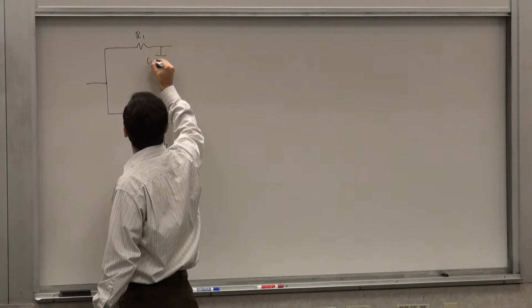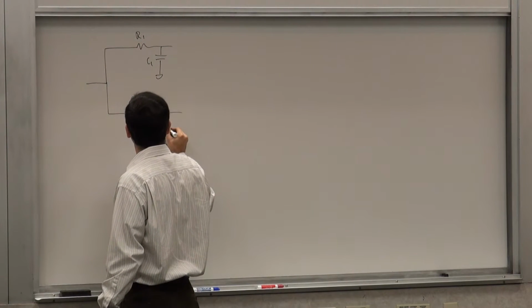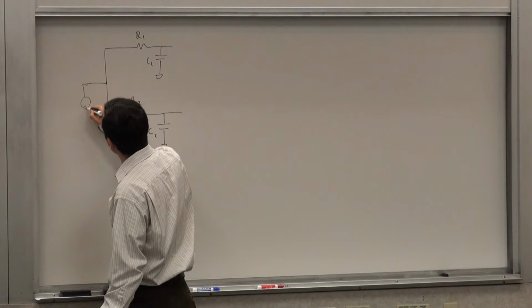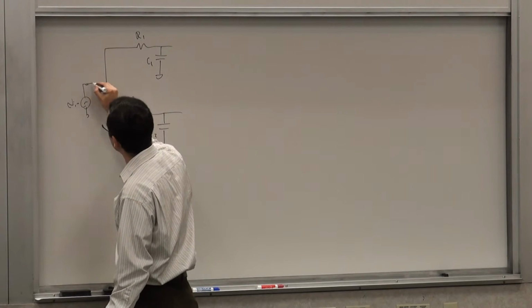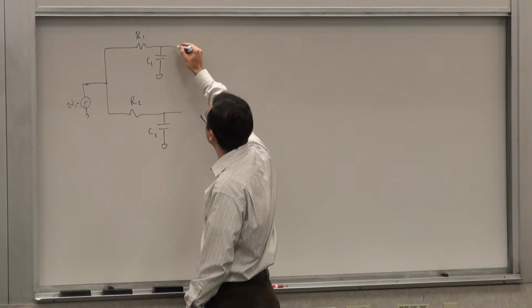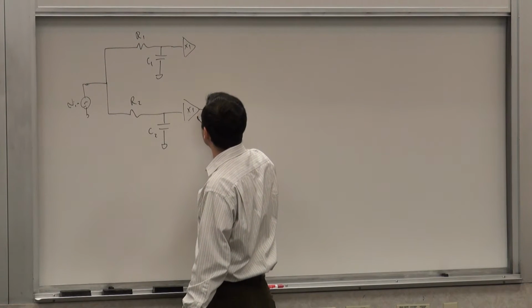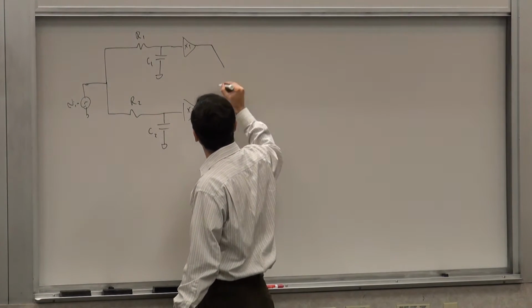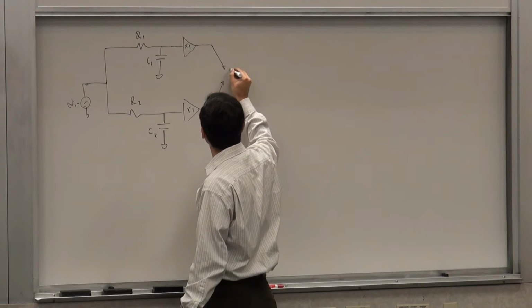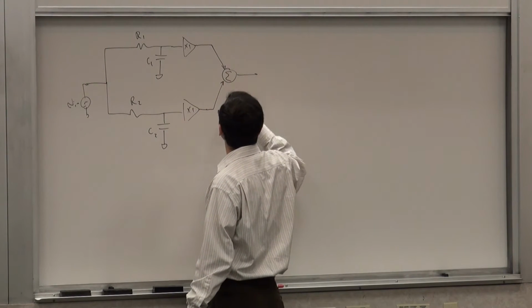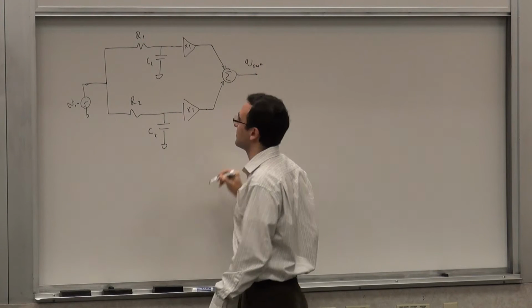Let's call these R1 C1 and R2 C2. And let's say they're driven by an ideal voltage source, so they don't talk to each other. And through an ideal buffer or whatever, with infinite input impedance and zero output impedance, I add them. And I define this as my V out.